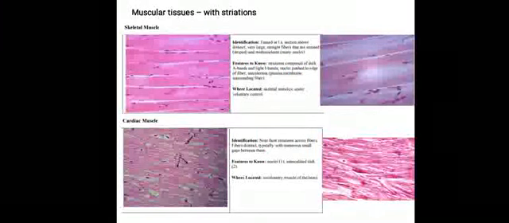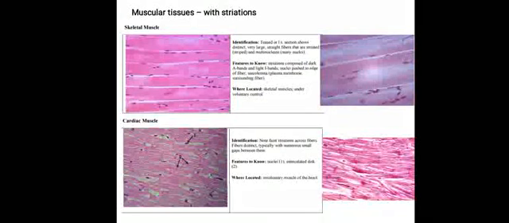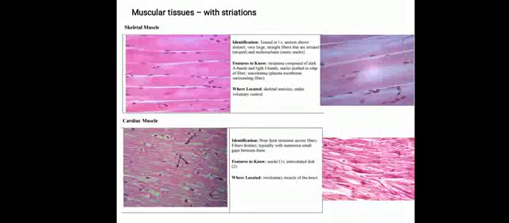Then the muscular tissues with striations. What are the features you need to know? Striation is always composed of dark A bands and light I bands. And it always has the sarcolemma, the plasma membrane surrounding the fibers.